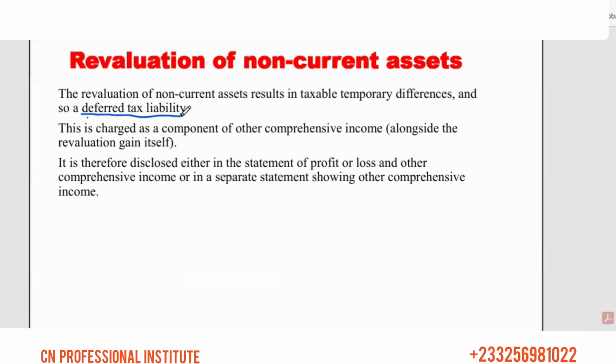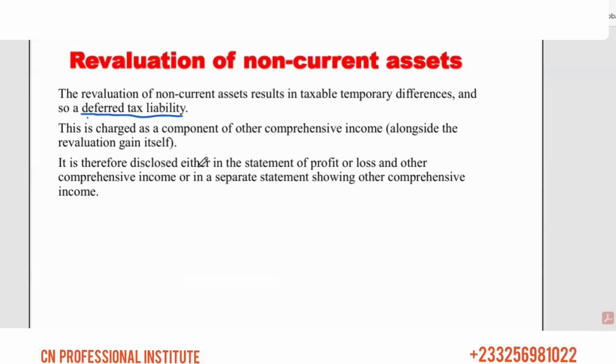Revaluation upward is likely to create an additional taxable temporary difference, which will then create additional deferred tax liability. If there's a valuation downward, then it's likely to create a deductible temporary difference, which will then create a deferred tax asset, right?